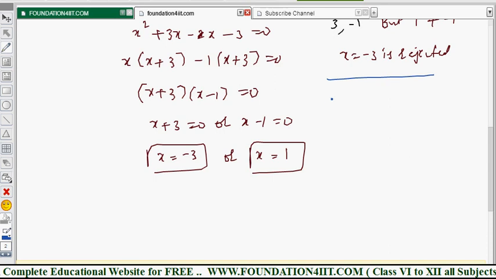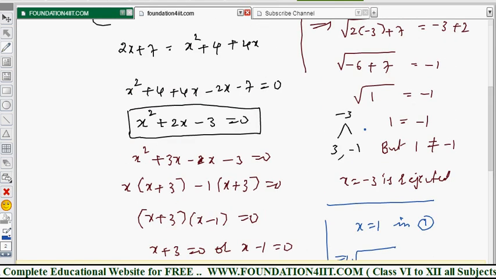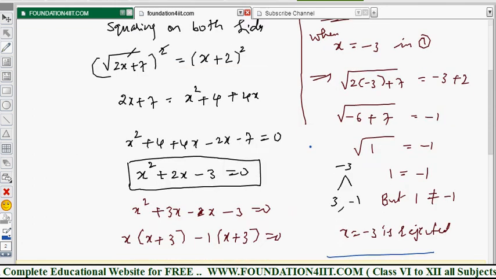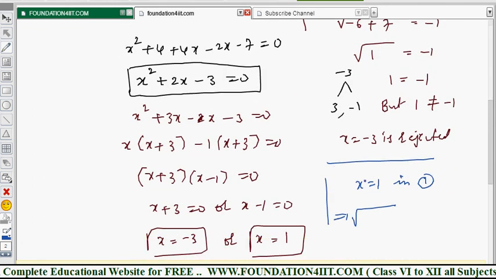Again we put x is equal to 1 in equation 1. Equation 1 is the same: square root of 2x plus 7 is equal to x plus 2. Now substitute x is equal to 1.